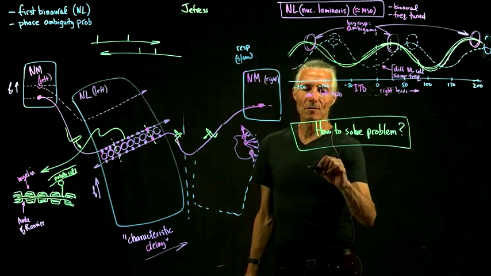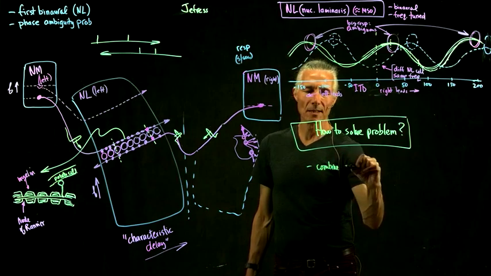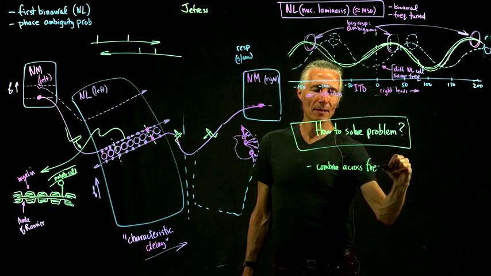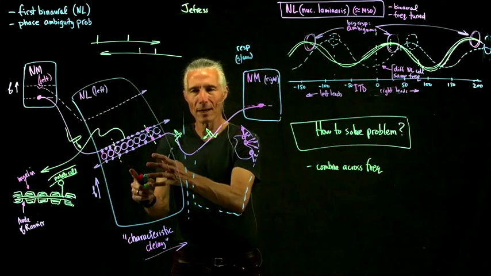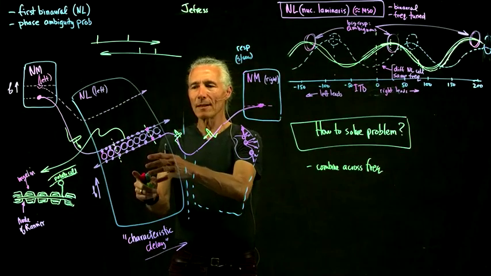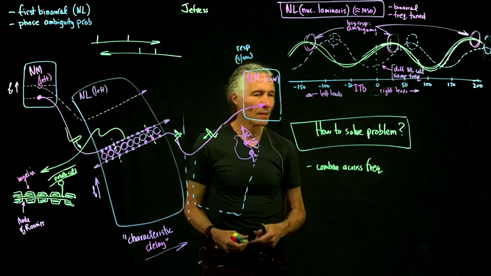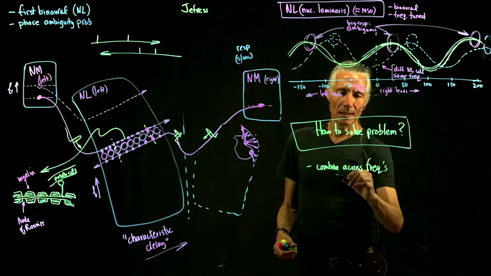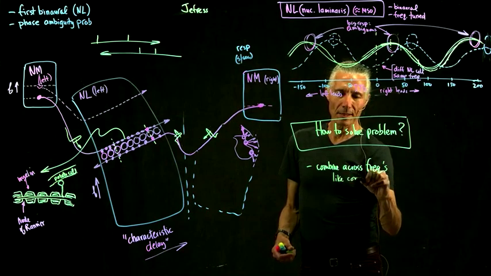So you have to combine across frequencies, which means combine across the frequency map, which you're not doing here. So nucleus laminaris just does one frequency at each point in the nucleus. So you have to combine across frequencies. That's like combining across space.